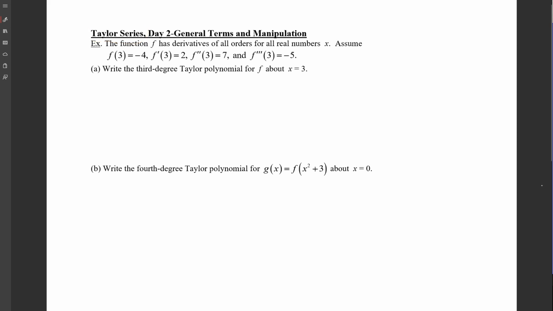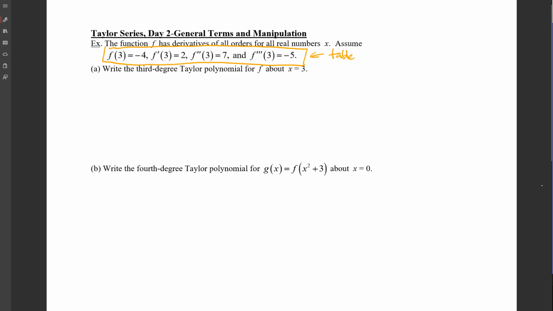If I have this table here of f's, f primes, and I want the third degree Taylor polynomial for f about x equals 3, how do I do that? Well, the table is already generated for me, so I don't need to generate a table.